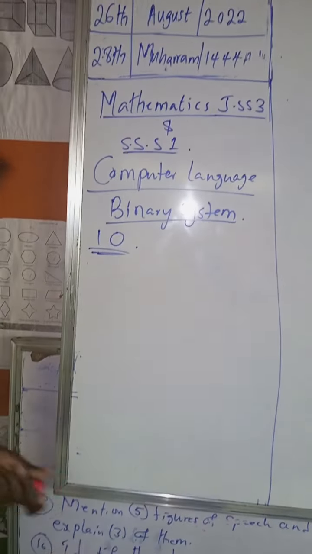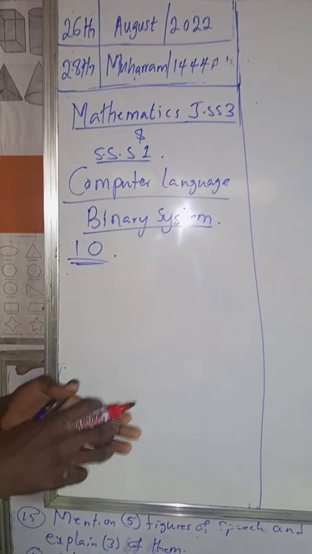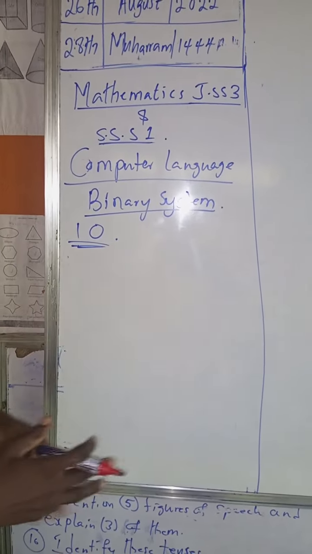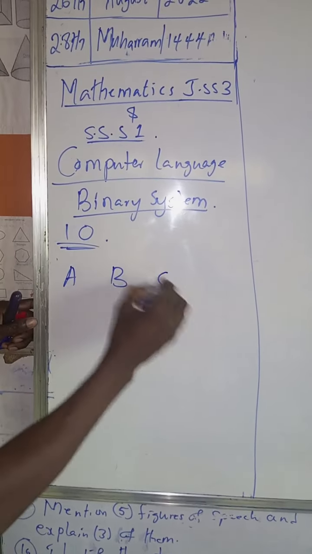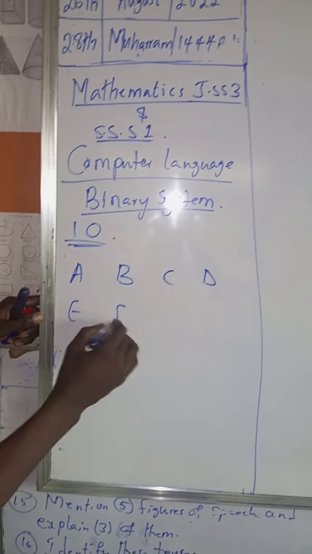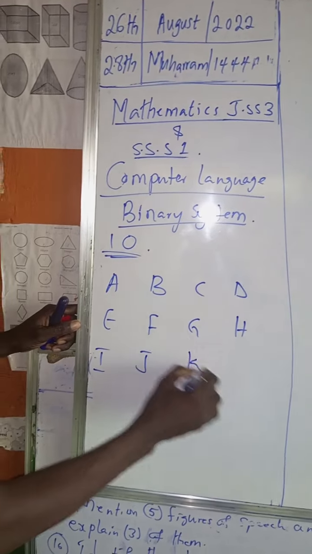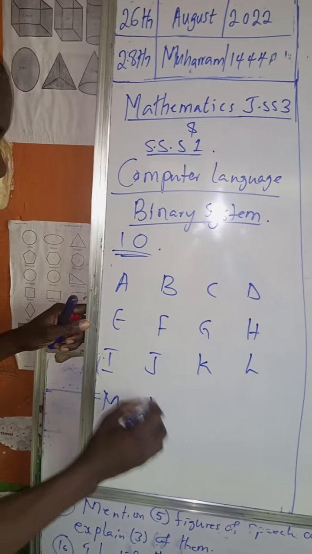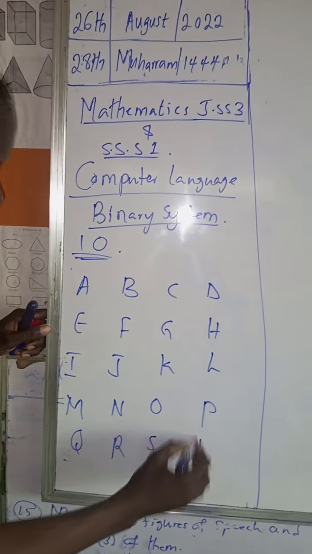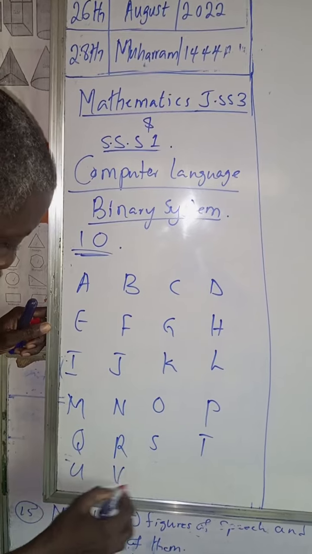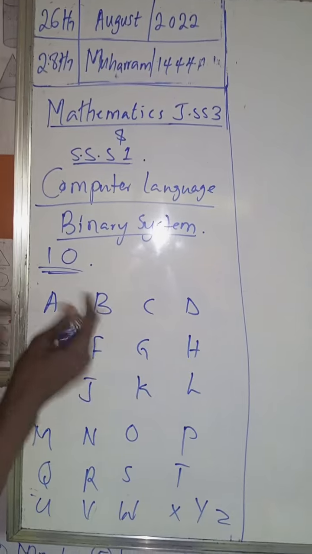When you type A into a computer, it will register on a punch card or punch tape. So let's quickly go over it. Look at our A, B, C, D, E, F, G, H, I, J, K, L, M, N, O, P, Q, R, S, T, U, V, W, X, Y, Z. Now let's label them one after another.